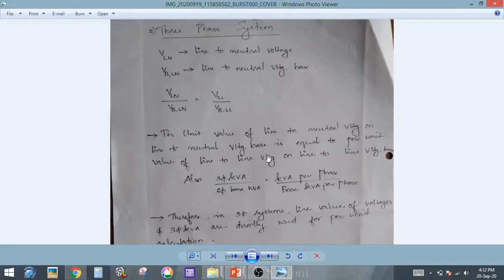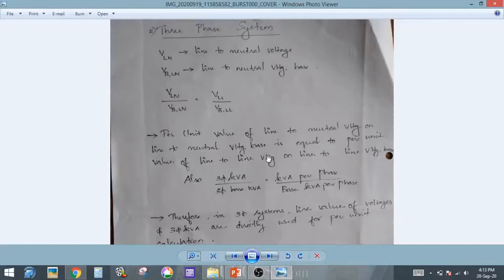So VLN divided by VBLN equals VLL divided by VBLL. That means line to neutral voltage divided by the base value of line to neutral voltage is the same as line to line voltage divided by the base value of line to line voltage. The per unit value of line to neutral voltage on line to neutral voltage base is equal to the per unit value of line to line voltage on line to line voltage base.